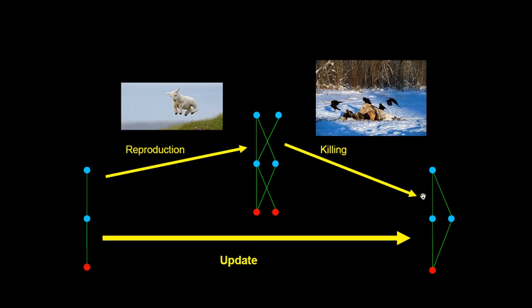And then we have a killing stage where animals which do not achieve a certain level of fitness are destroyed. So we can think of that as something like the winter time, when harsh conditions eradicate all the animals that don't achieve a certain level of fitness. And in that context, the entire update would be equivalent to the passage of a year, say. So this is just an ecosystem-based interpretation of this.